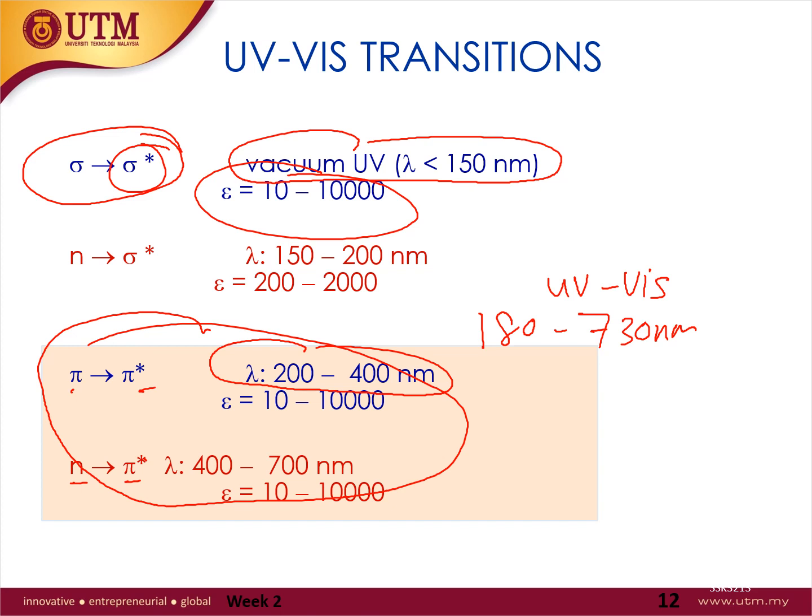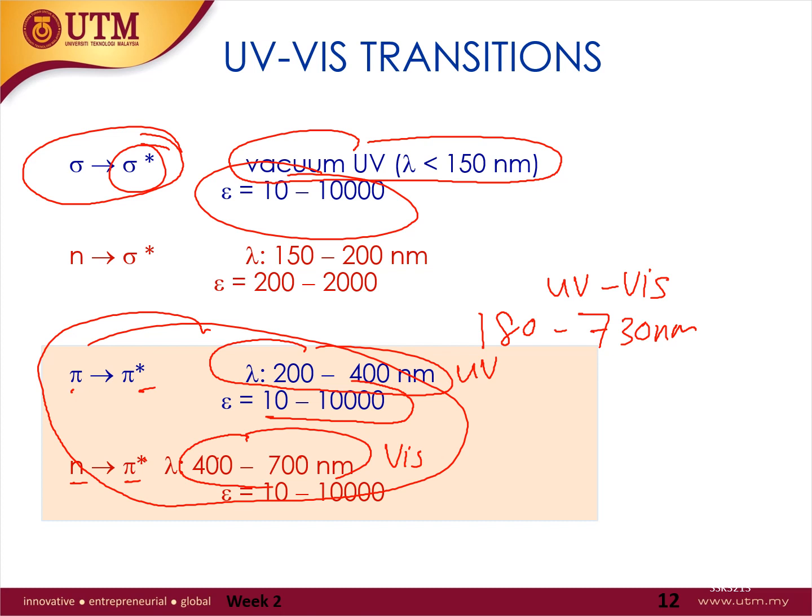And then back to this, pi to pi star will give you epsilon between 10 to 10,000. And then we also have n to pi star. You see over here, this is starting to have the visible region, 400 to 700. This one is the UV region. Okay, you can understand now.